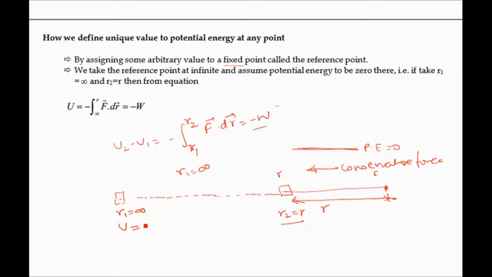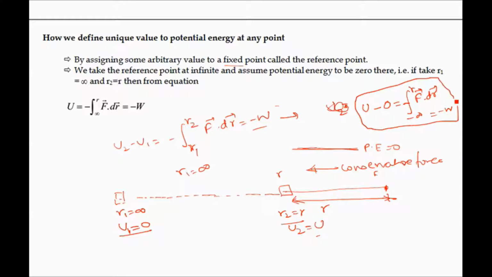At infinity we consider potential energy U1 equal to 0, and here our potential energy U2 is equal to U. So we write U minus 0, as U1 is equal to 0 at infinity, is equal to minus integral from infinity to r of F dot dr, and it is equal to minus W. So basically it's the negative of the work done when we move the object from infinity to the point r.